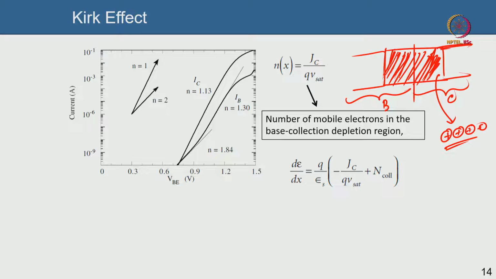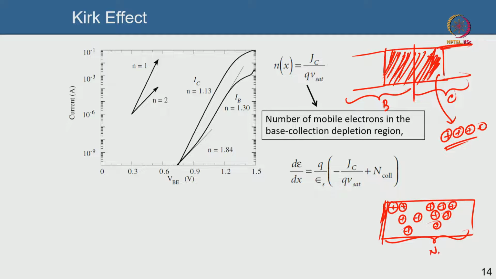The collector is more lightly doped. So, if I look at the base collector depletion, the depletion on the base side is very small, and on the collector side it is very wide. Most of the depletion happens towards the collector side, and there are all these positively charged ionized impurities, correct, because they have donated. There is n-type doping in the collector.